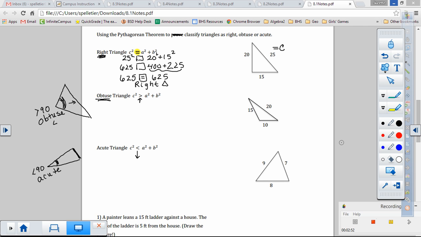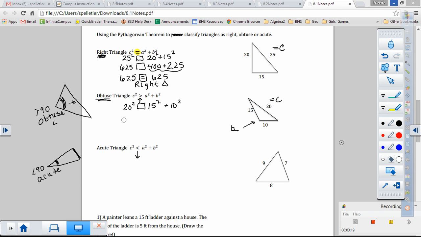Look at the second example. This is what we would consider to be our C, because that appears to be what we would think to be our right angle if it were an actual right triangle. So we're going to use it that way and test it to see. So 20 squared, and I always leave this box open because I never know, does it actually work or not? So I just leave it there and then I fill it in at the end. 15 squared and 10 squared.